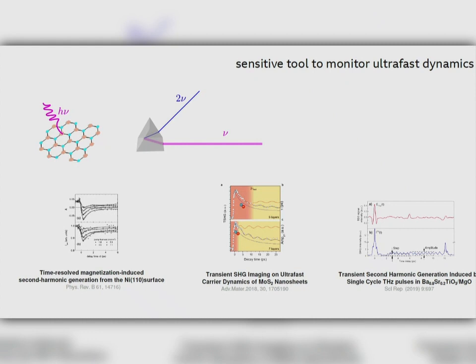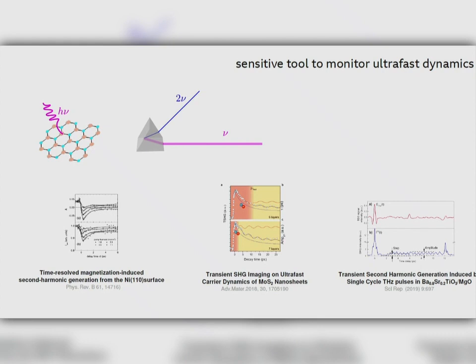Nonlinear optical properties are a sensitive probe to monitor ultrafast dynamics. So here I'm showing some results obtained, again, with transient second harmonic generation.